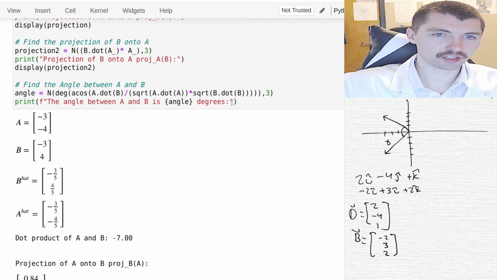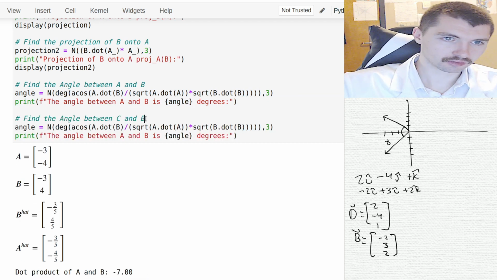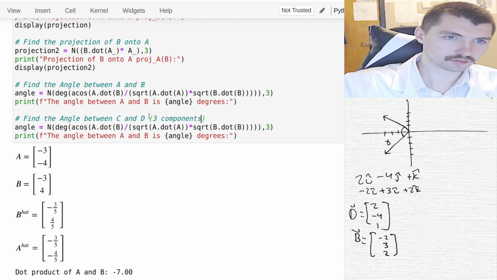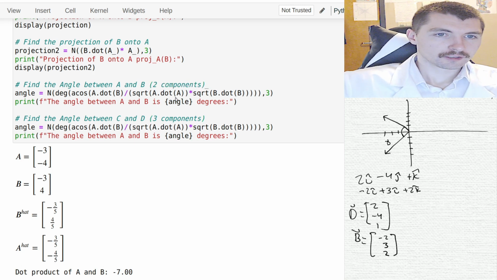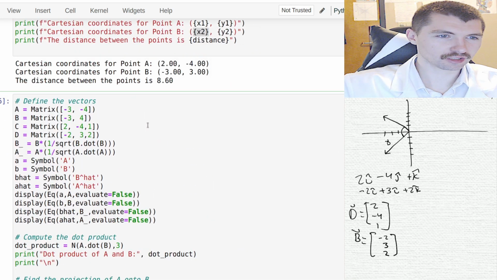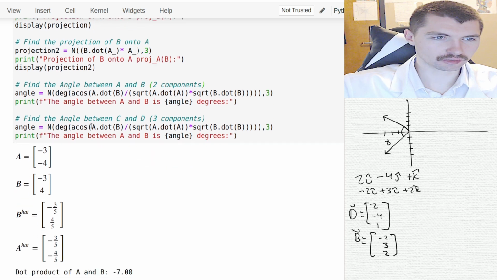The angle between C and D. I should just, yeah, it's probably easier just to do this.